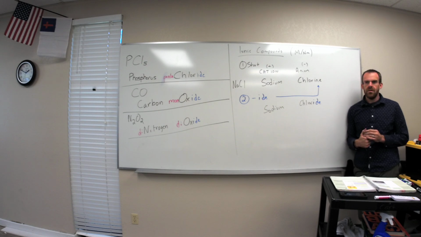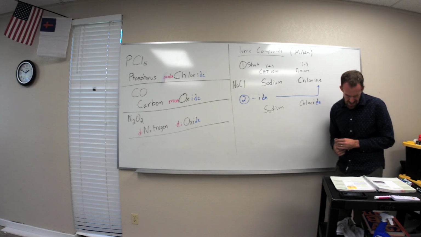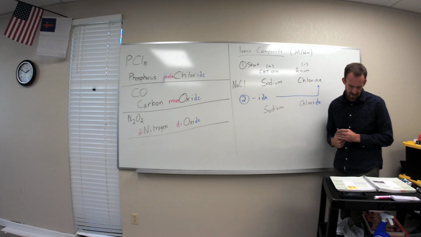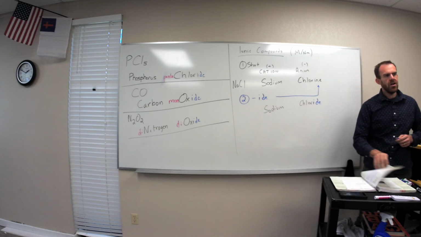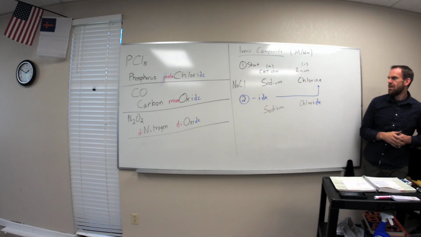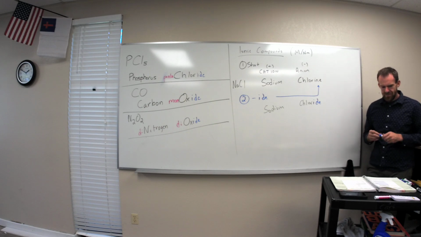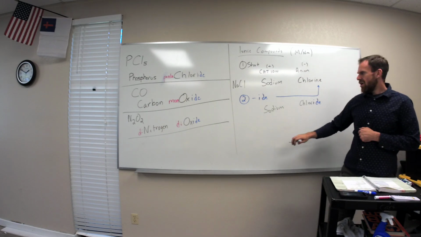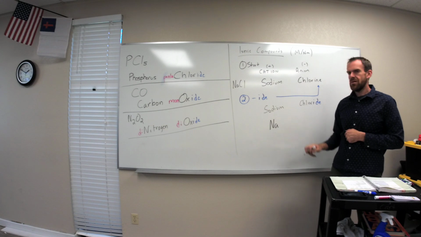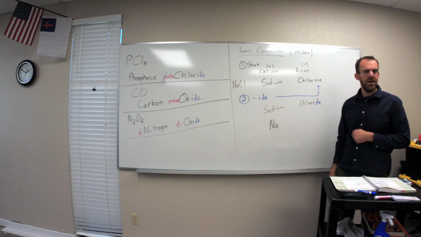Now, this only works if the following is true. If it is not, and if there's no other obvious way for these two elements to work together, then you can simply write it like this. Now, what do I mean by that? Sodium is always going to take what charge?